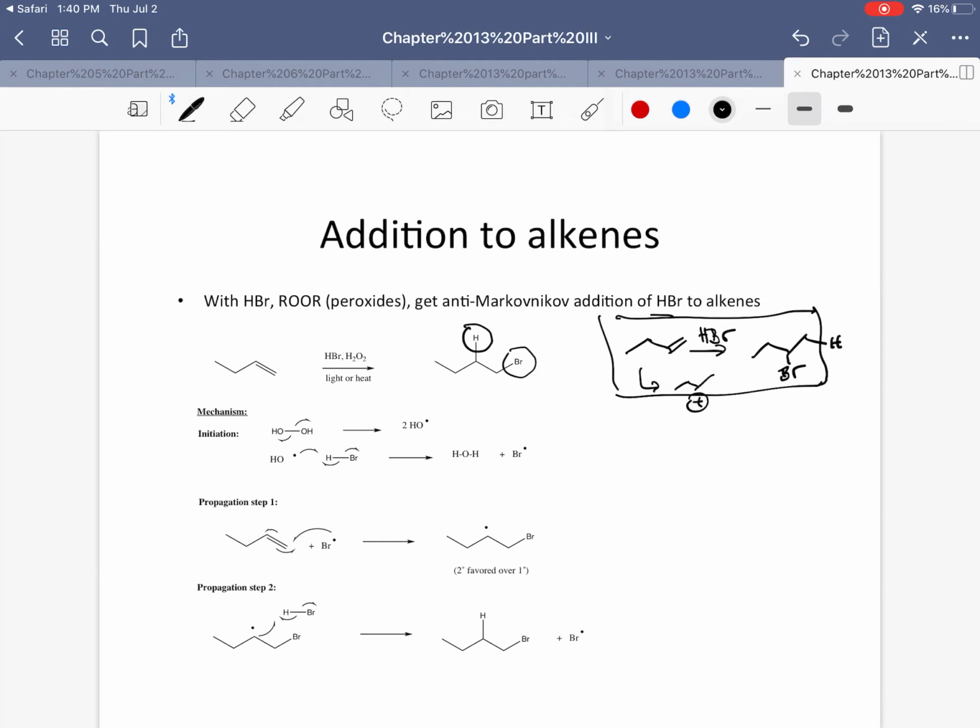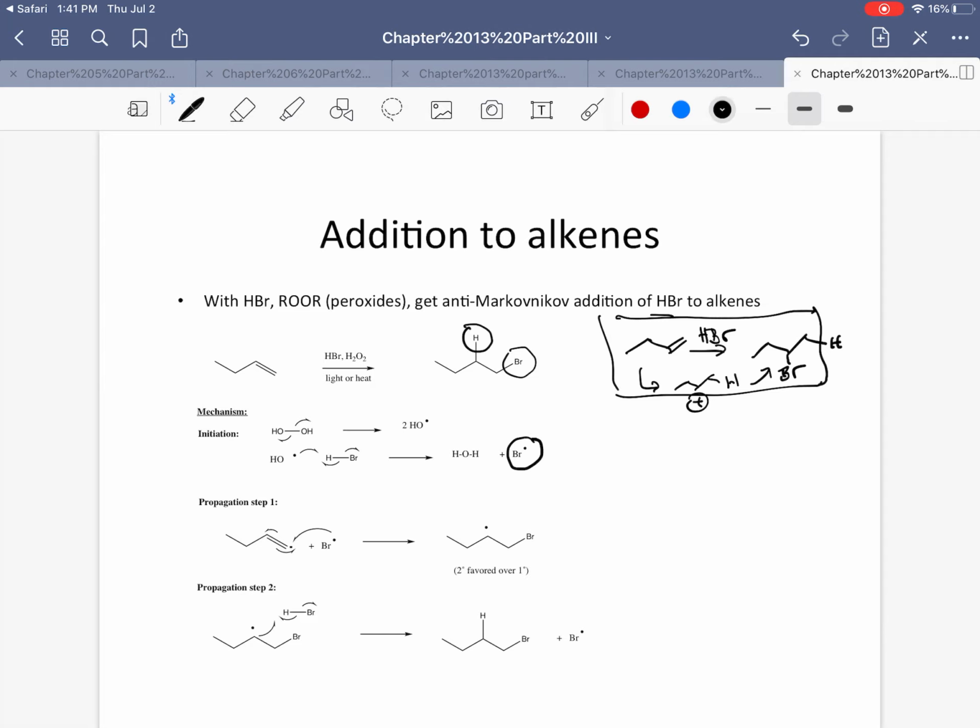HBr addition without peroxides goes through the more stable secondary cation. So you add the hydrogen first, and then the bromine adds. In this case, you're going to add the bromine first to give the more stable radical. Initiation step is cleavage of peroxide, which can react with the HBr to give a bromine radical.